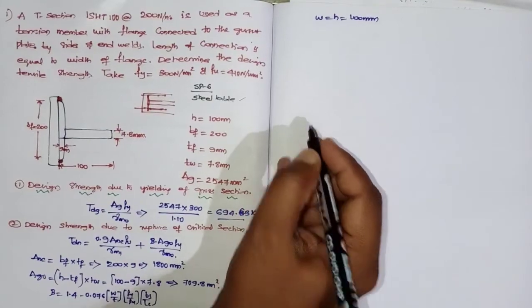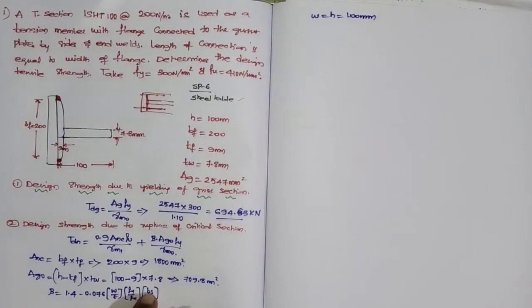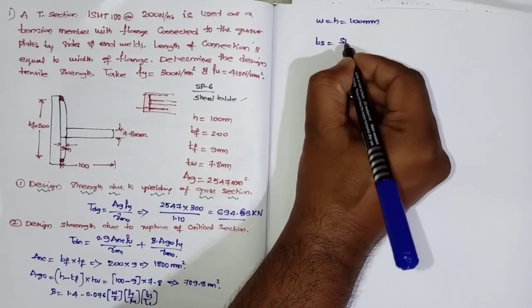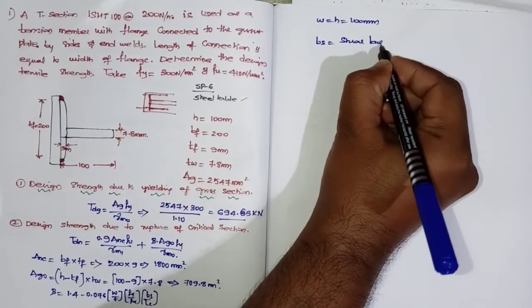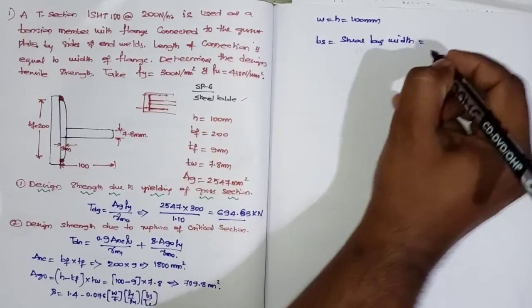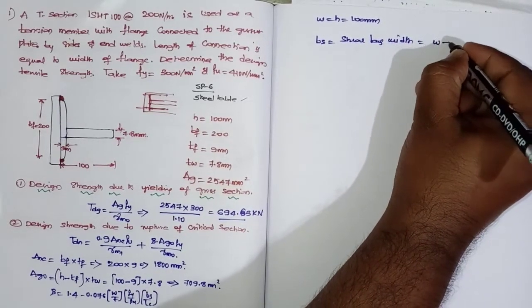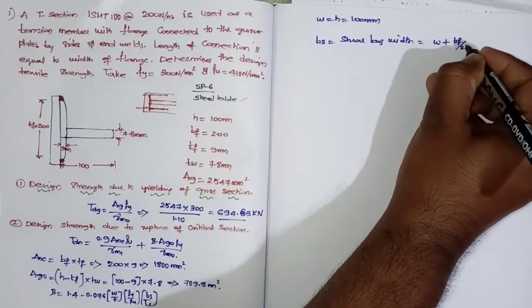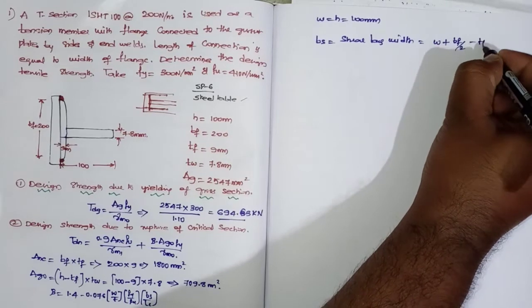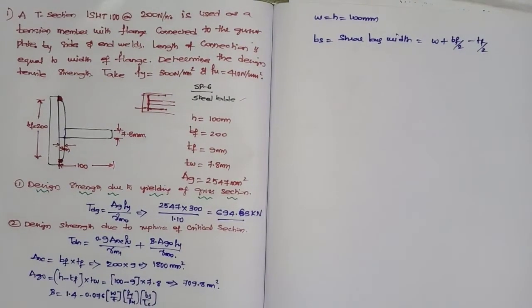And what is Bs? Here Bs is nothing but what we call the shear lag width, which is calculated as w plus bf by 2 minus tf by 2. Why is it so? Because it is a T section, some special case will be there.